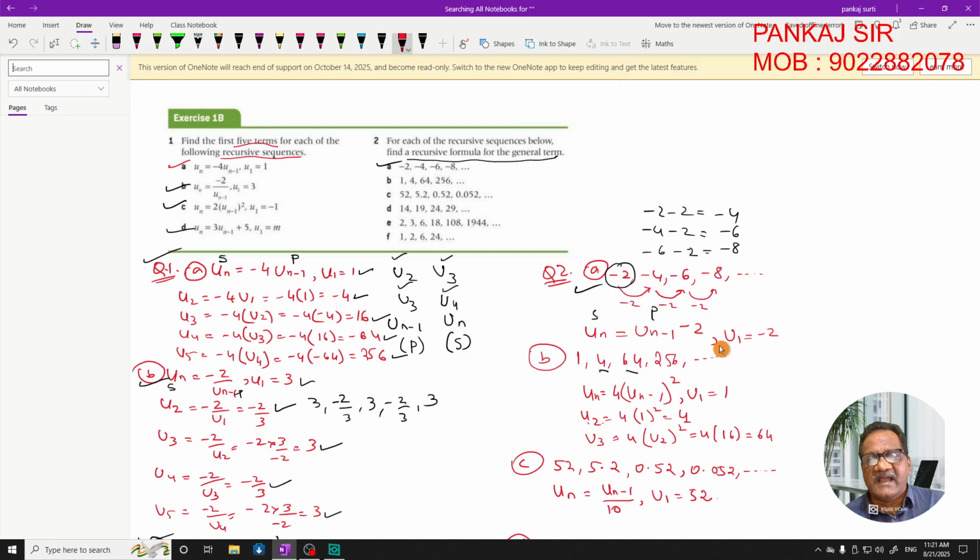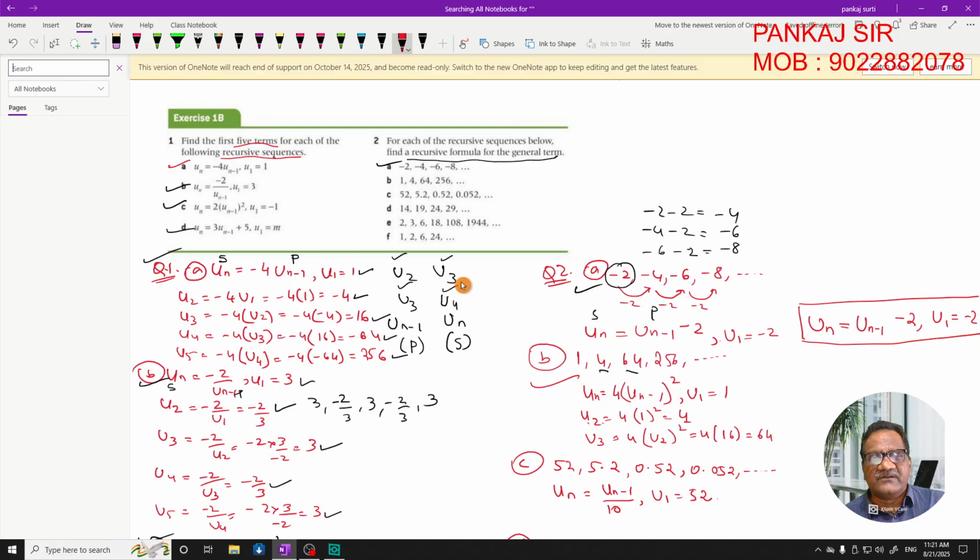And u1, that is the first term, is minus 2. So the general term will be un equal to un minus 1 minus 2, like this. And you have to always mention the first term in the answer for A. Right?